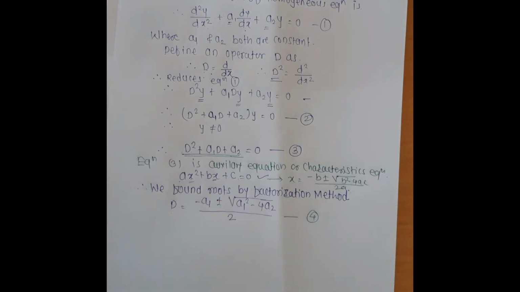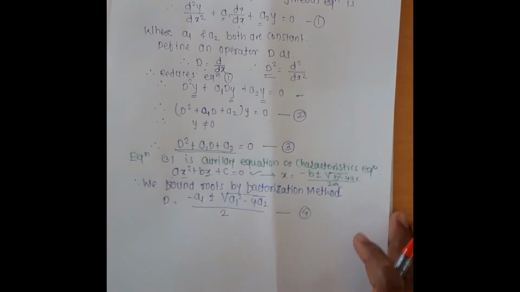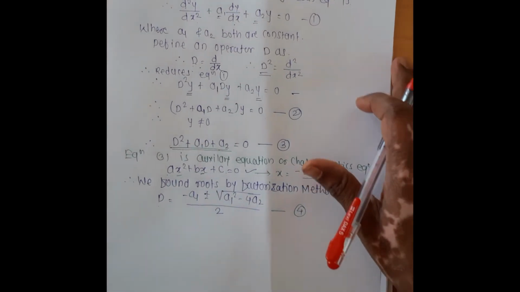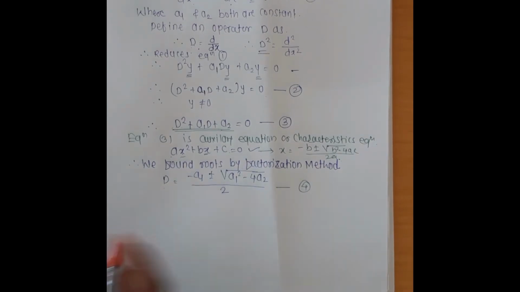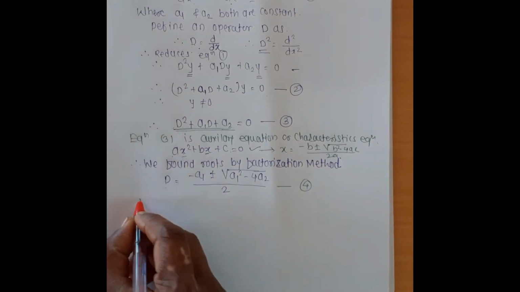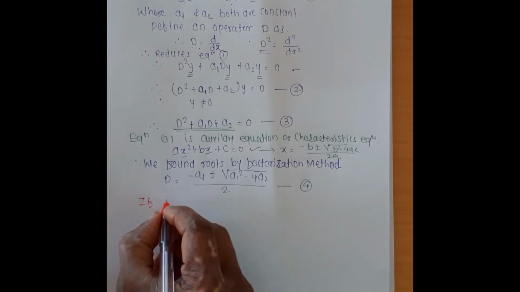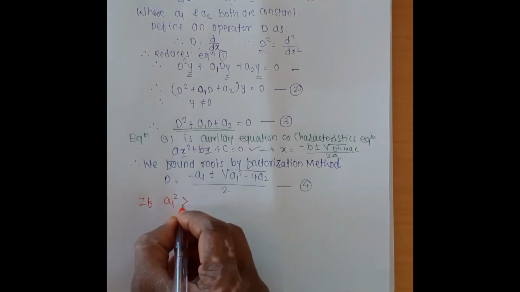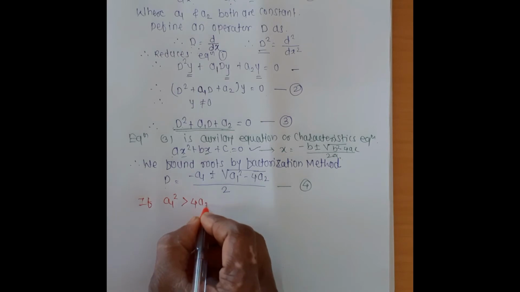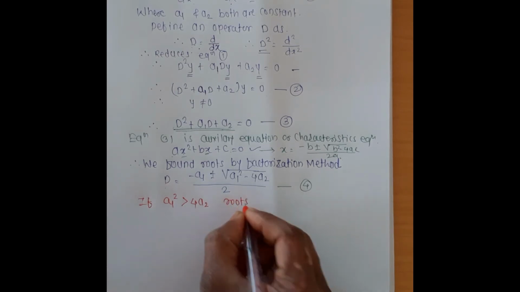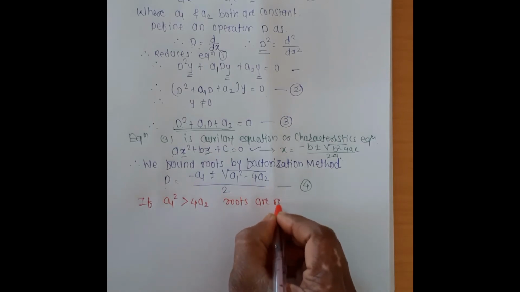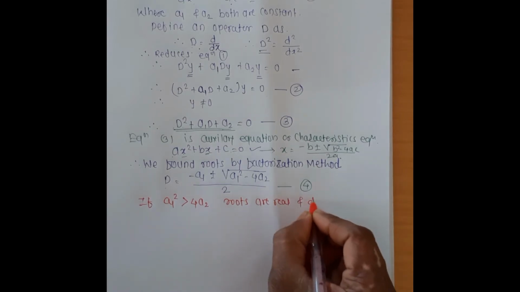Then there are some conditions related to these equations. The first condition is: if a1 square is greater than 4a2, the roots are real and distinct.